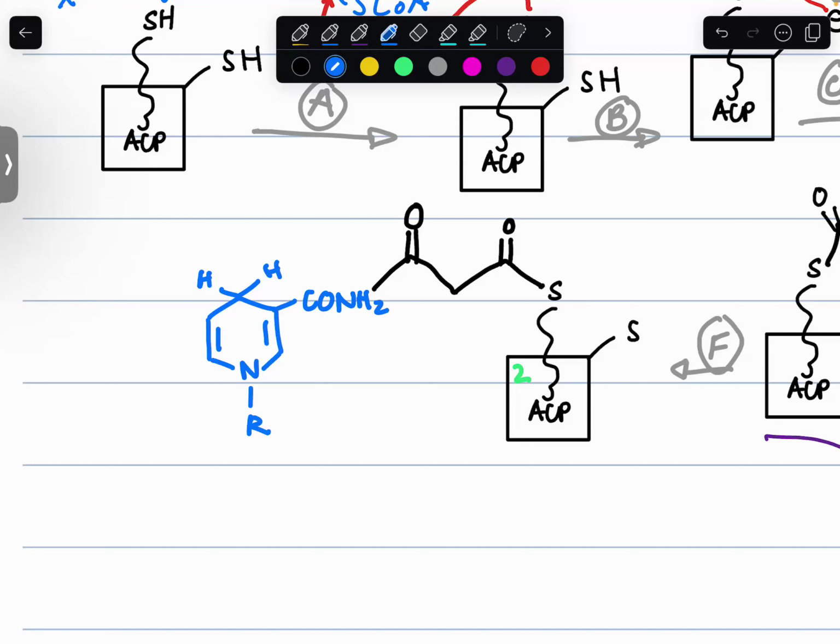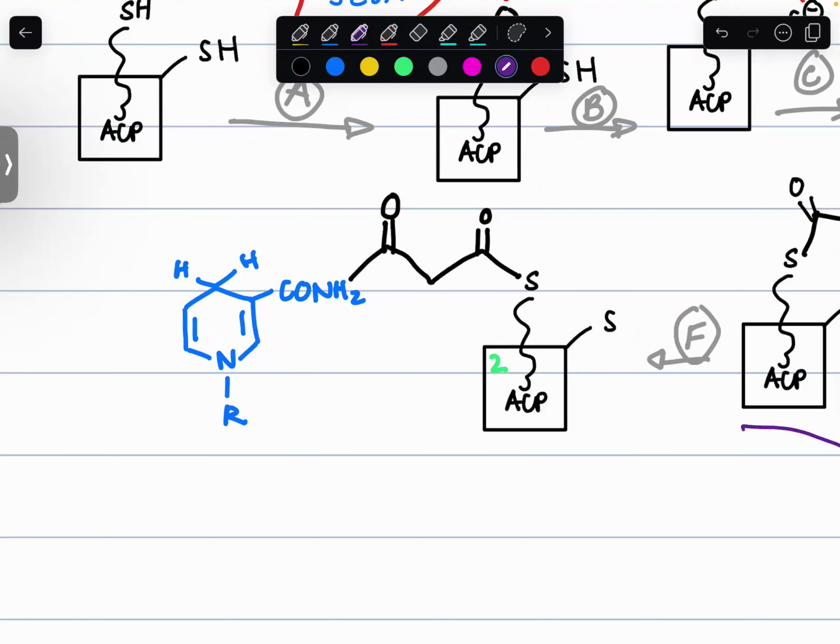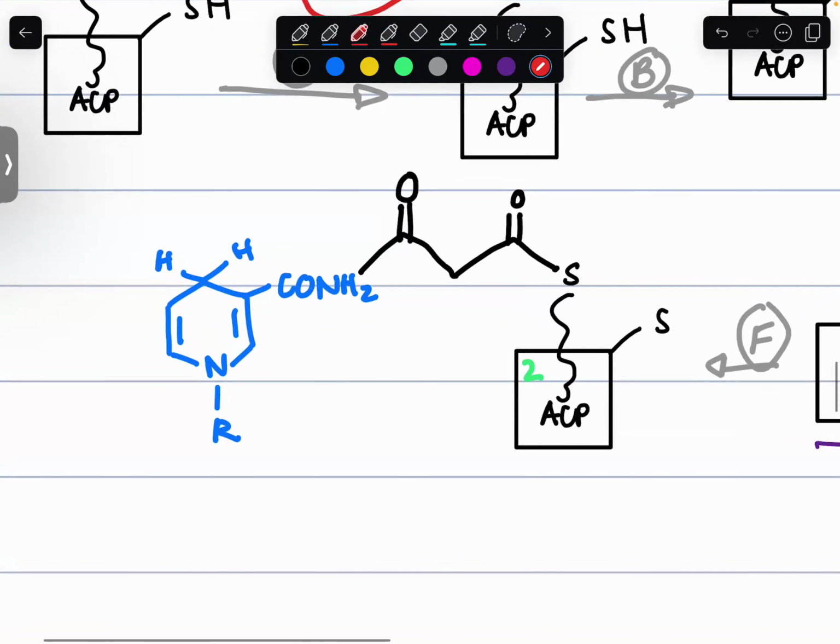This is just the active part. So we abbreviate the rest of it as R. So for a reduction, we're going to reduce one of our aldehydes, well, ketones, to an alcohol. To do that, we are going to do a hydride transfer.